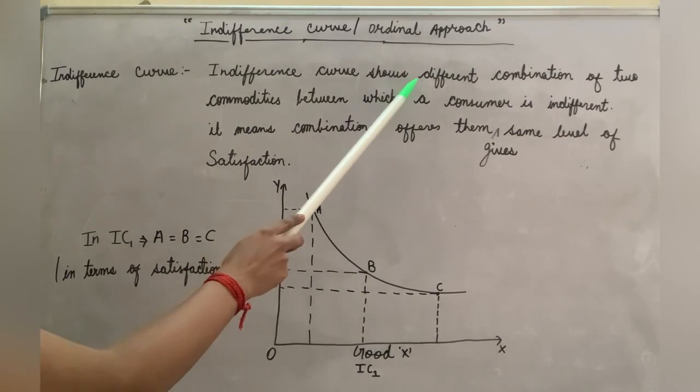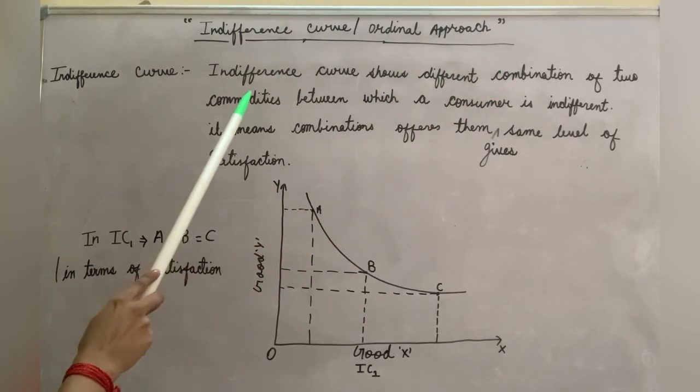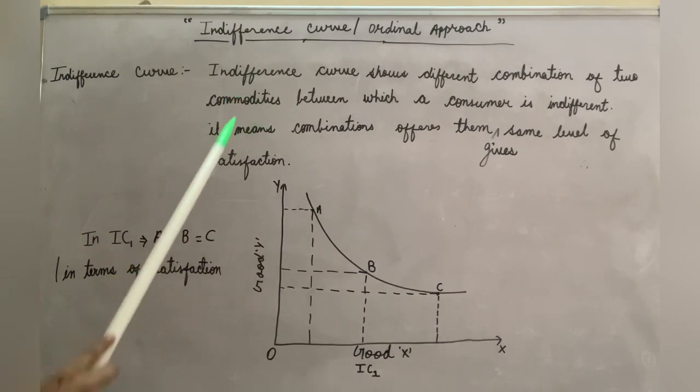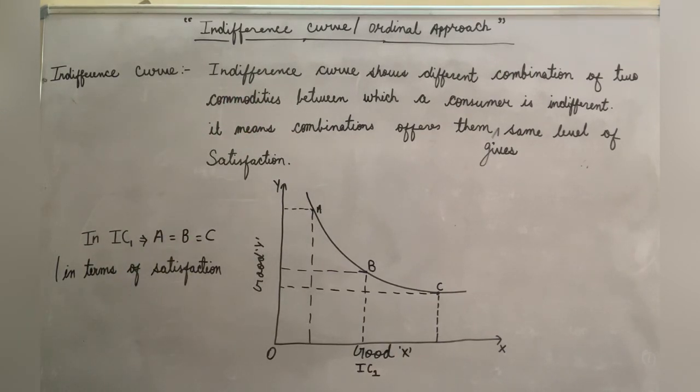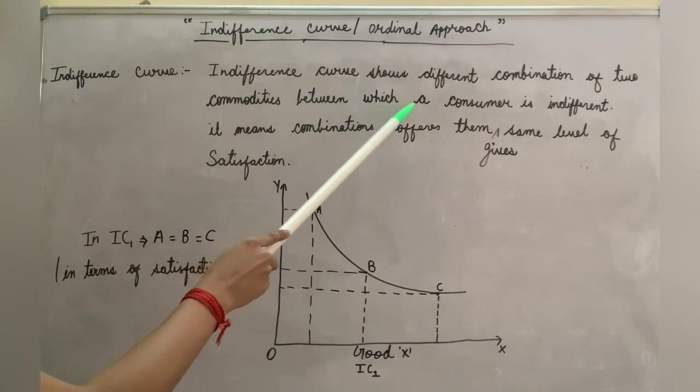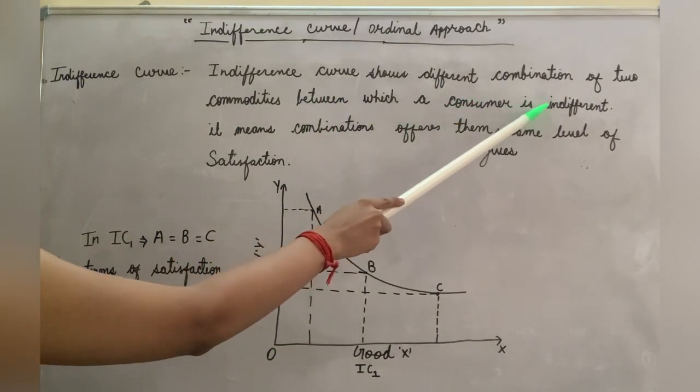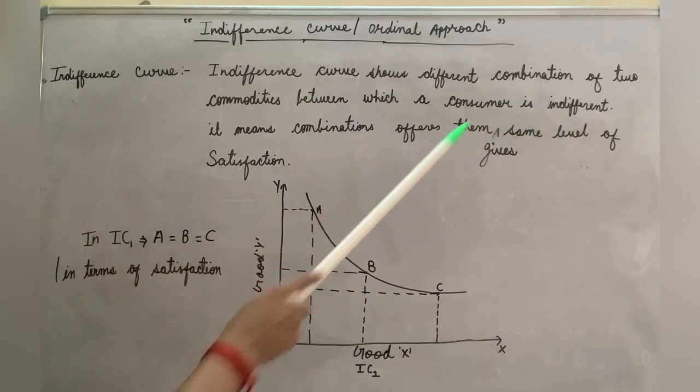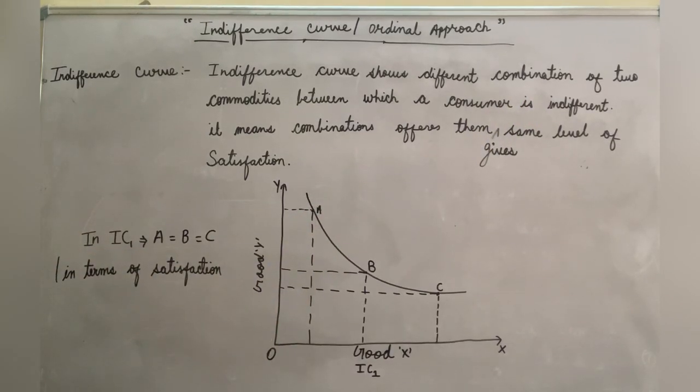An indifference curve shows different combinations of two commodities. Like we have two commodities and we are describing some combinations of these commodities between which a consumer is indifferent. Indifferent means the consumer is not able to classify the difference between two products.